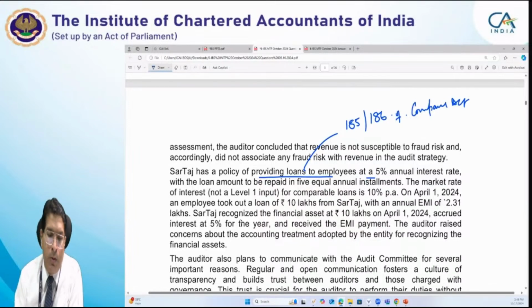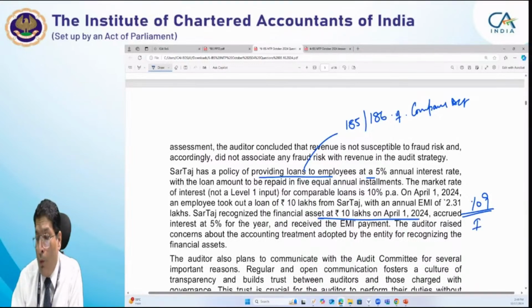On 1st April 2024, an employee took out a loan of 10 lakhs from Sartaj with annual EMI of rupees 2.31 lakhs. Sartaj recognized the financial asset at 10 lakhs. It means there is some problem. As per Ind AS 109, this should be recognized at fair value.